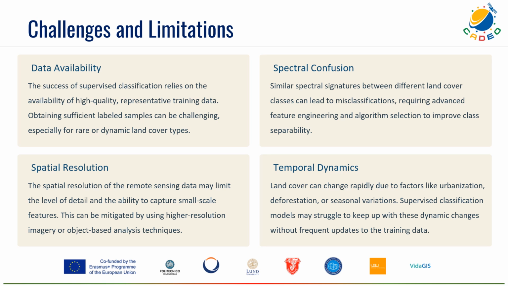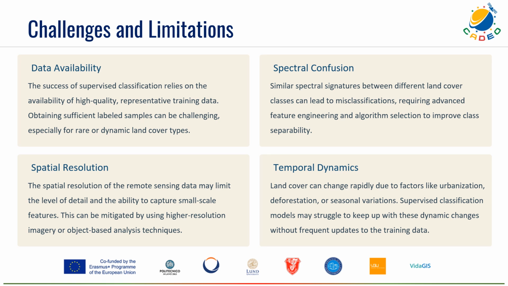Besides its applications in many fields, supervised classification also faces a lot of challenges and limitations. First is data availability and quality. Supervised classification heavily relies on the availability and quality of labeled training data.